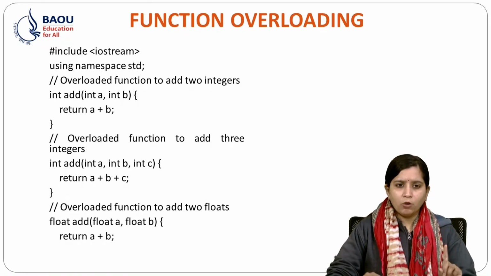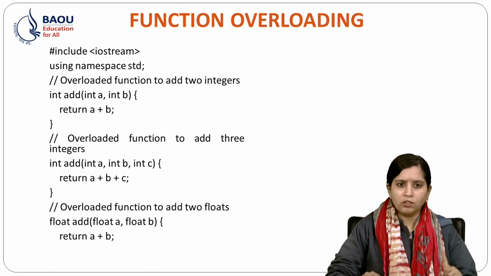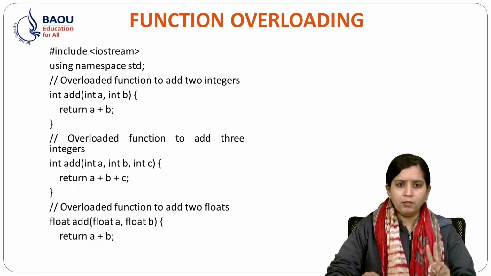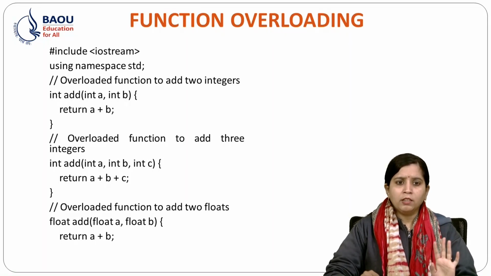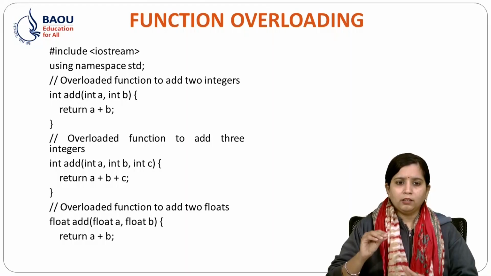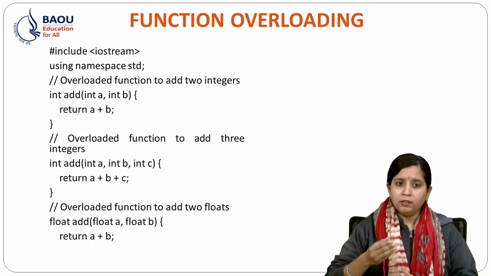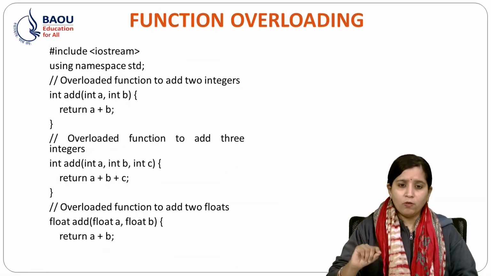First, I have included one add function which has 2 parameters, that is int a and int b, and those parameters have integer data type, and I am returning a plus b. Second, I have overloaded a second function which has the same name, that is add, and over here I have 3 integers, that is int a, int b and int c.